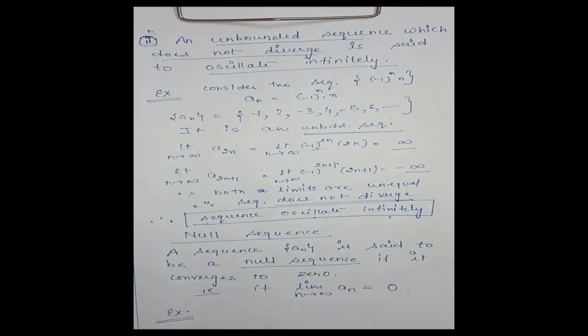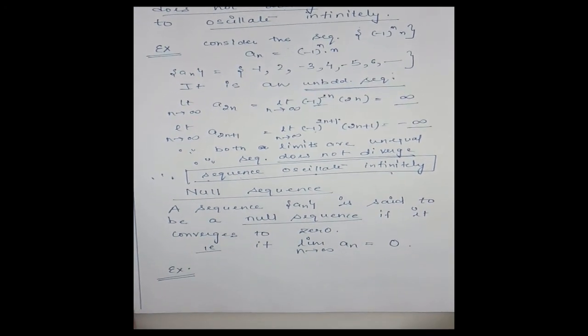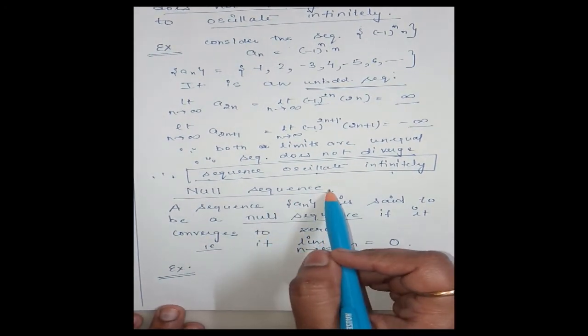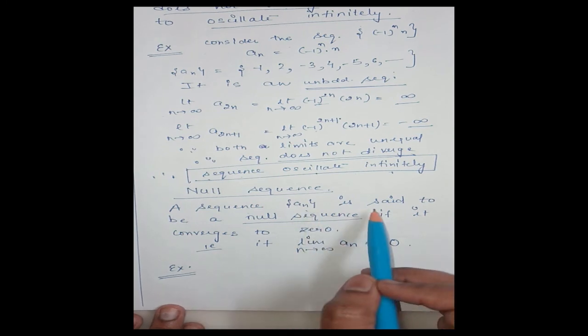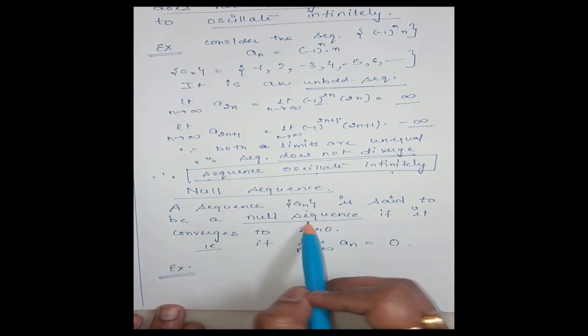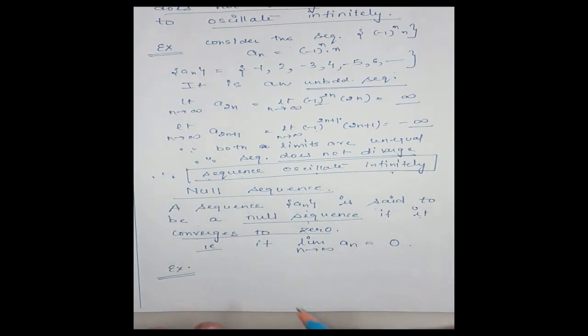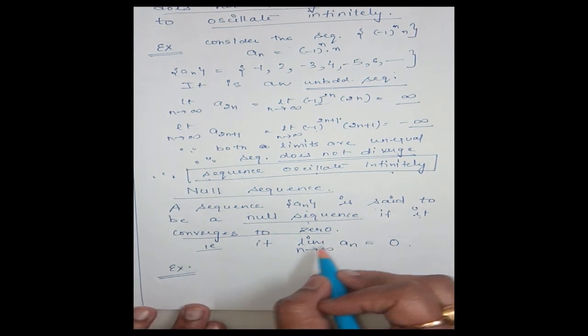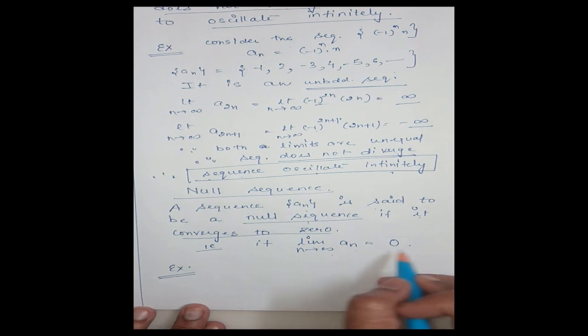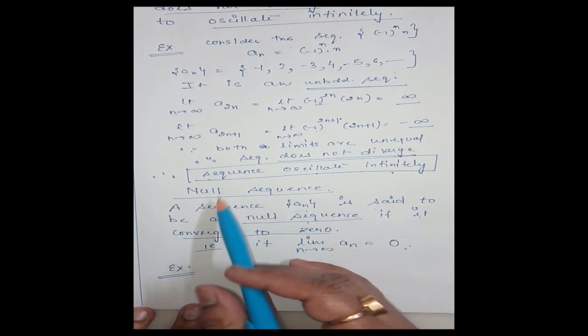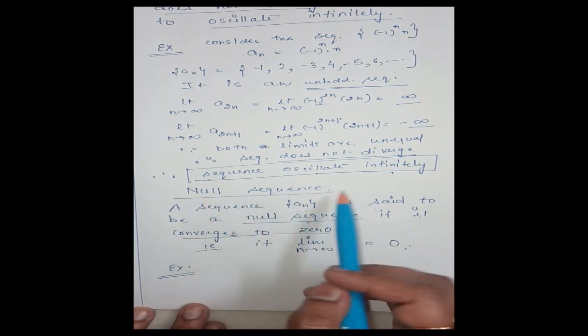Next we have the null sequence. A sequence a_n is said to be a null sequence if it converges to 0, meaning if it has limit 0. If the limit as n tends to infinity of a_n is equal to 0, then we say the sequence is a null sequence.